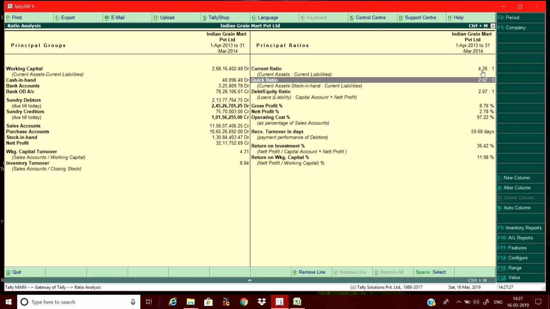Hence, grouping is important. Quick ratio means highly liquid assets to liquid liabilities. Again, here, if the grouping is not correct, then certainly this ratio will not make any sense.